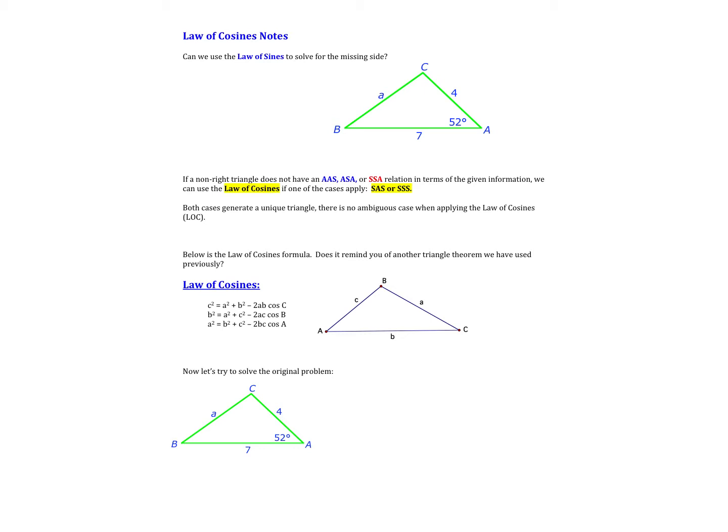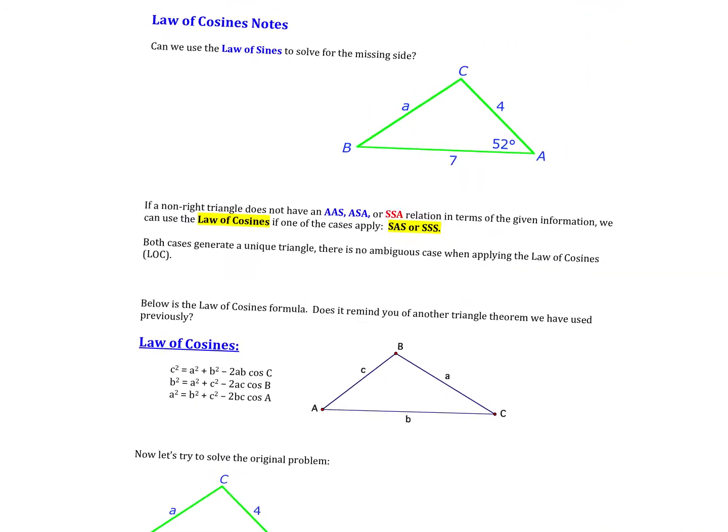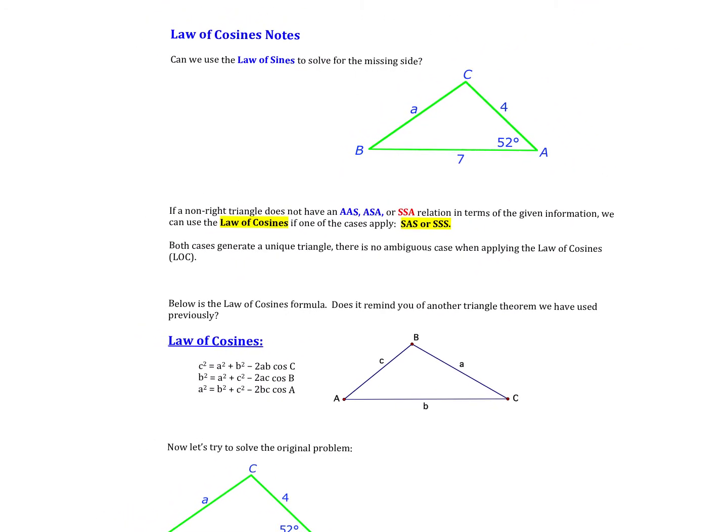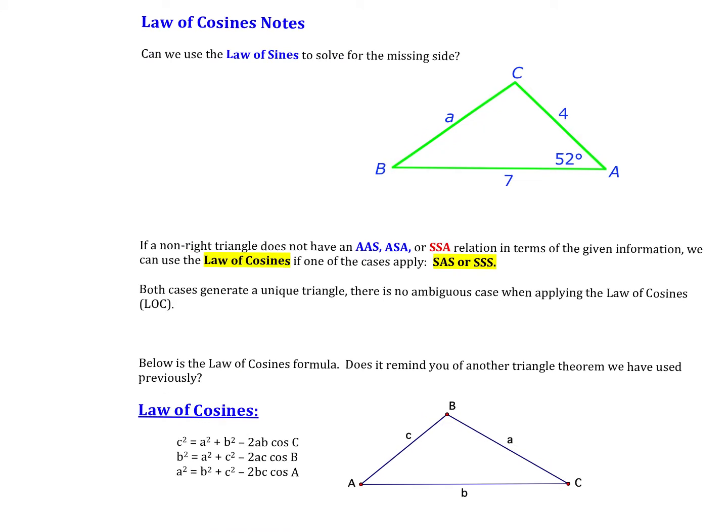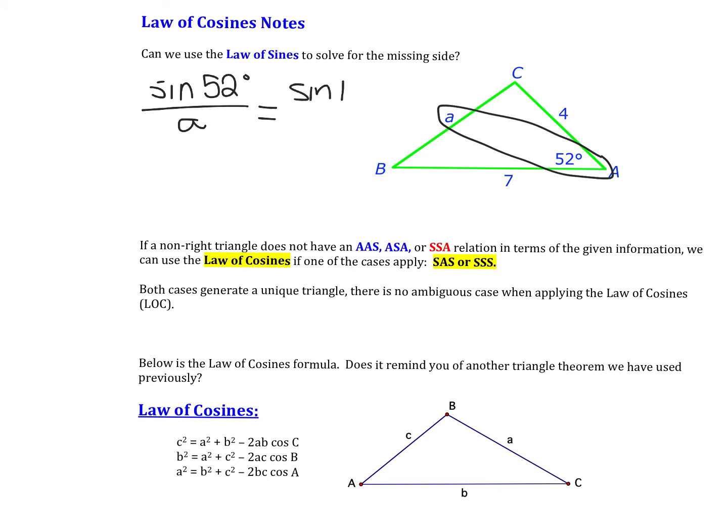Let's start off by looking at this triangle ABC and determining, can we use the law of sines to solve for the missing side? If I were to do this, I could say sine of 52 degrees over little a equals sine of B over 4.